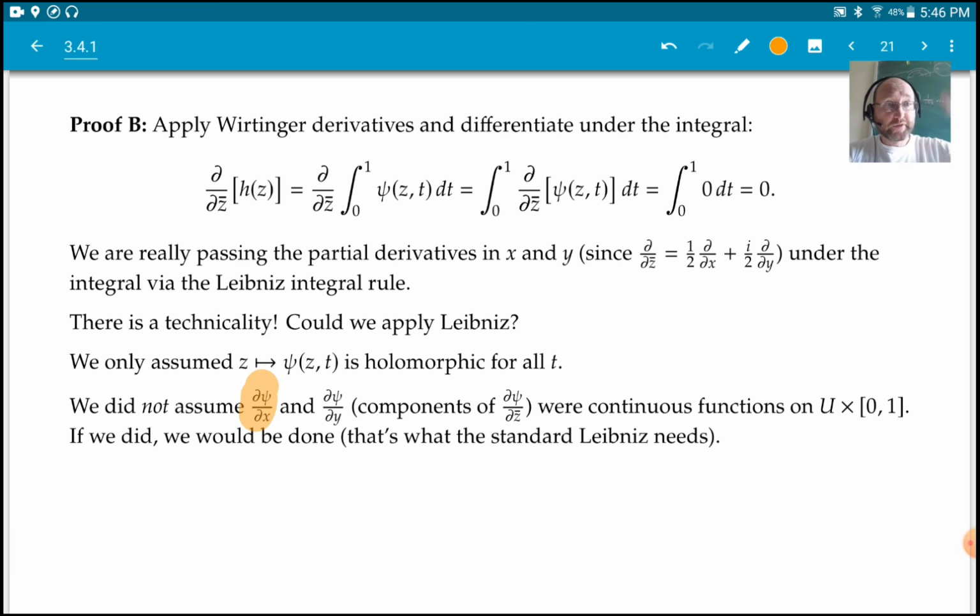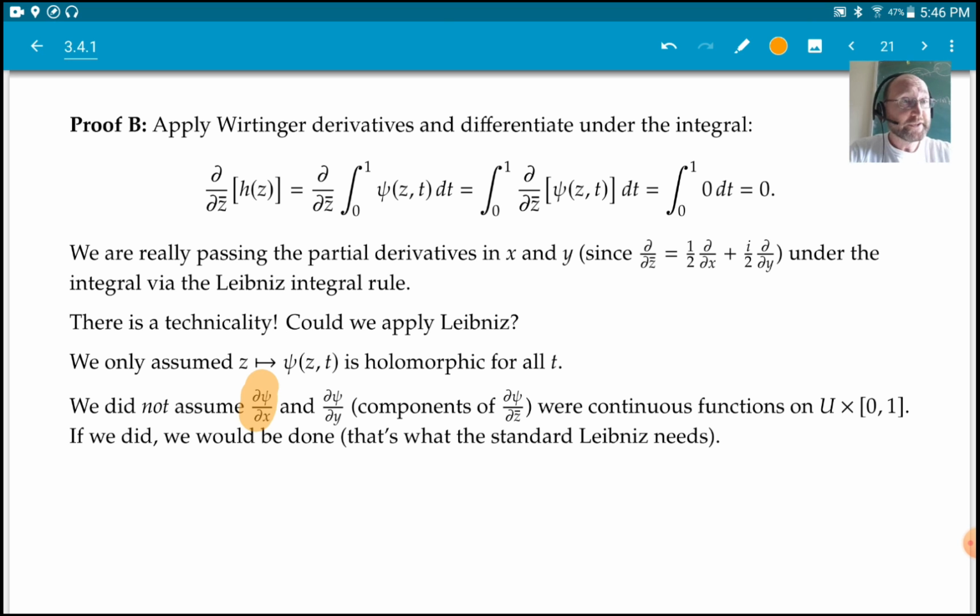If I take the x derivative of c, standard Leibniz needs it to be a continuous function. Not just a continuous function of x and y, it actually needs to be a continuous function of x, y, and t, right? Or of z and t, right? I need a continuously differentiable function, right? So that's not quite what we assumed in the lemma, in the hypothesis.